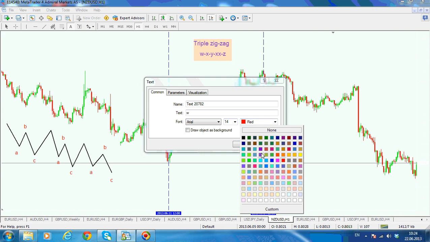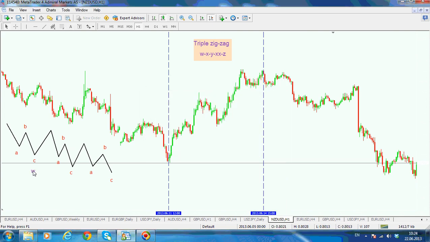So I'm trying to keep the color code in order to keep the divisions and subdivisions between different waves, and this is why I'm using these different colors.